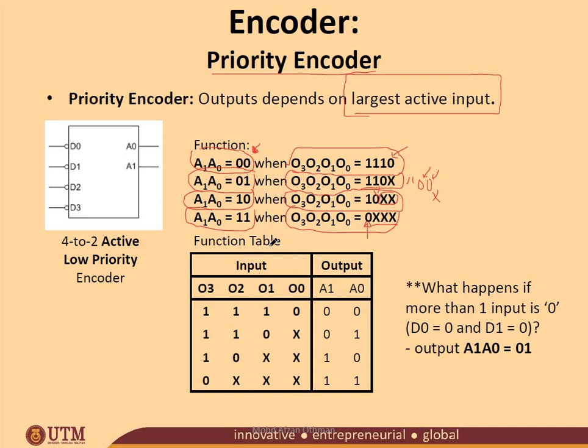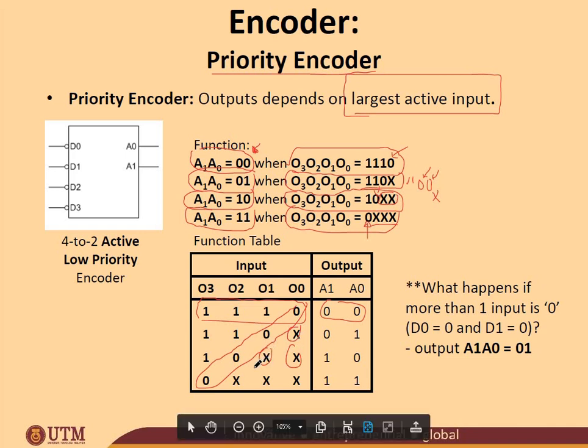So the function table for the priority encoders, imagine that now. You can see that when you have 1, 1, 0, it is just as normal, and when you start to have 0 in the diagonal pattern like this, you will ignore the state of the least significant bits input.